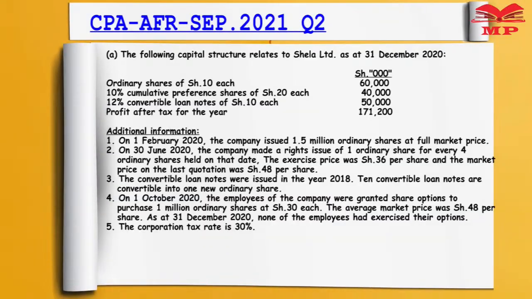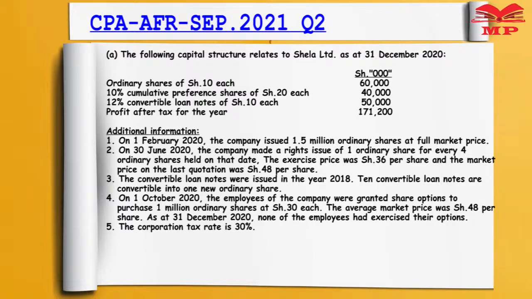Question 2A. The following capital structure relates to Shell Limited as of 31st December 2020. Ordinary shares of 10 shillings each, 10% cumulative preference shares of 20 shillings each, 12% convertible loan notes of 10 shillings each, and profit after tax for the year is given. Additional information: 1.